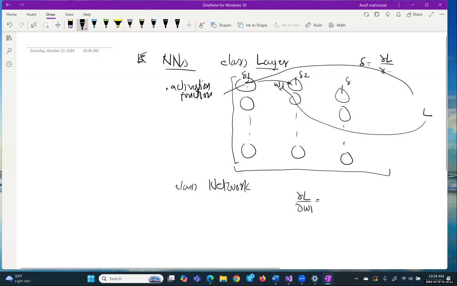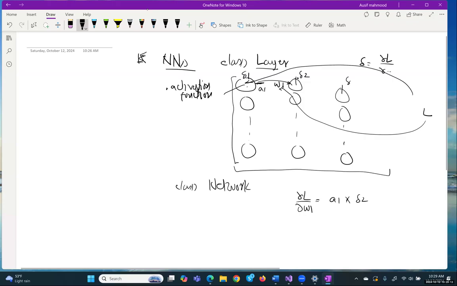As you saw, the relationship is whatever input connects to the neuron. If this input is called A1, then partial L over partial W1 will be A1 multiplied by delta 2.